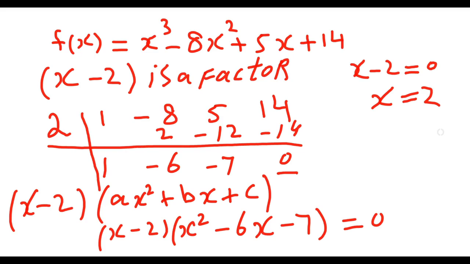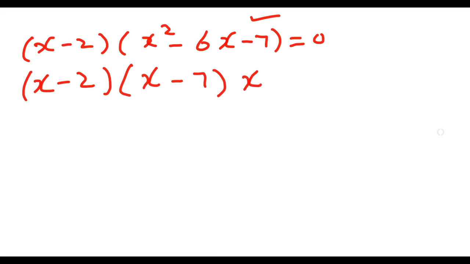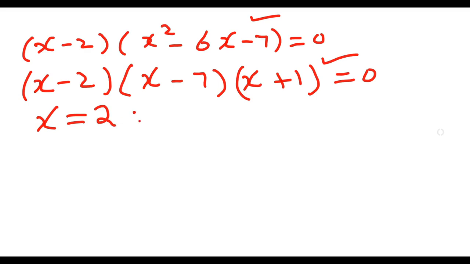So we apply the zero factor rule, because we need to solve for x. I'm going to factorize the second bracket: x minus 7, x plus 1. After I factorize, these are my factors. Now I can solve for x: x equals positive 2, x equals positive 7, and x equals negative 1.